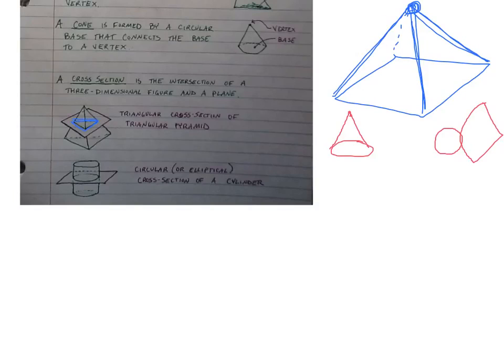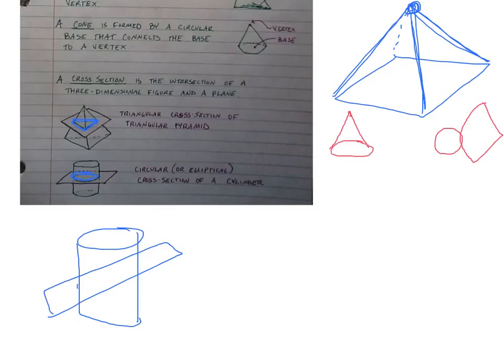So this part that I'm outlining in blue is called the cross-section. If we were to take a plane and slice it through a cylinder, we're going to get a circular cross-section, or perhaps elliptical. If we cut through the cylinder diagonally, we wind up getting an elliptical cross-section.